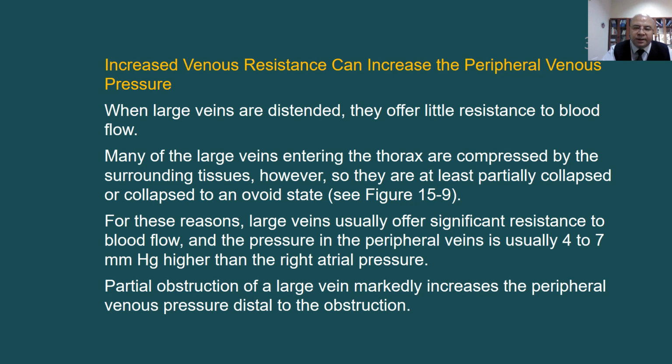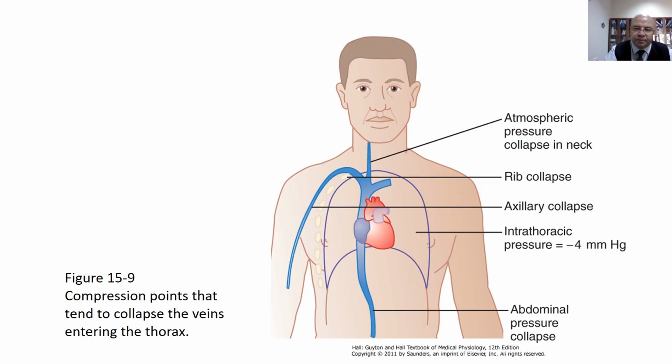For these reasons, large veins usually offer significant resistance to blood flow, and the pressure in the peripheral veins is usually 4 to 7 mm mercury higher than the right atrial pressure. Partial obstruction of a large vein markedly increases the peripheral venous pressure distal to the obstruction.